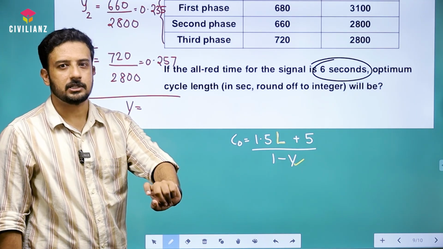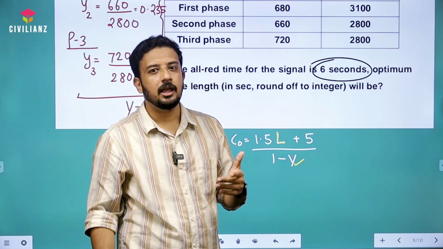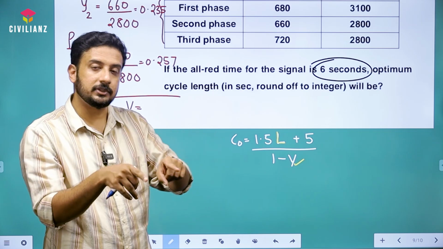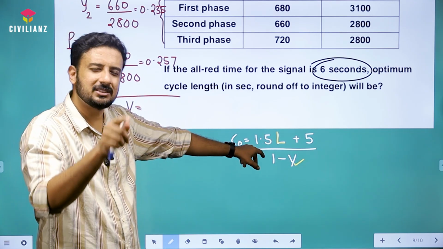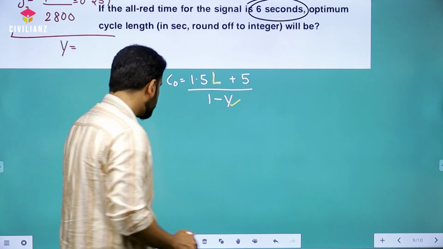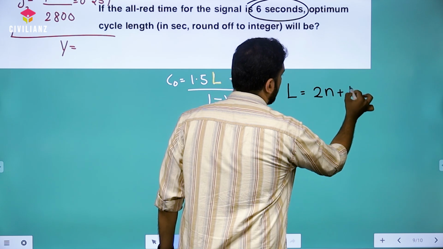That is what IRC is telling. I told you in the starting, right? Whenever we are adopting Webster's signal, IRC has given some suggestions. One of the suggestions is, if the capital L value, the lost time per cycle, is not available, what can we do? This L we can take as 2n plus r.